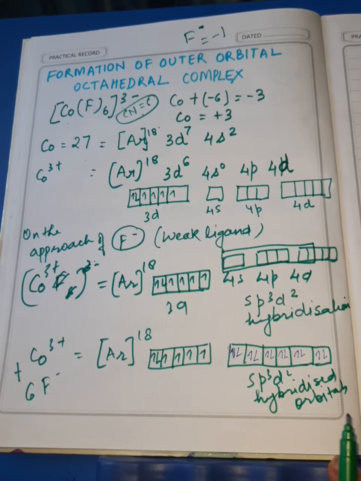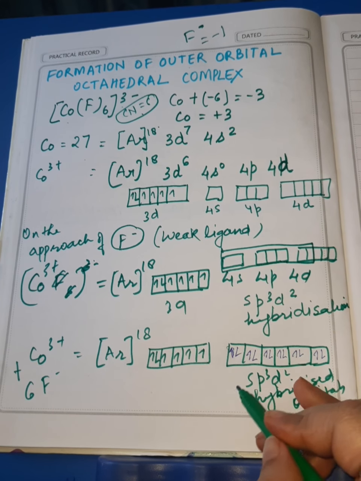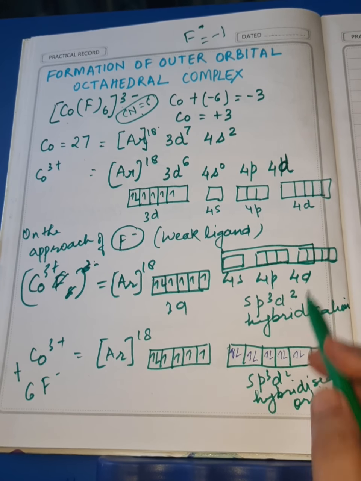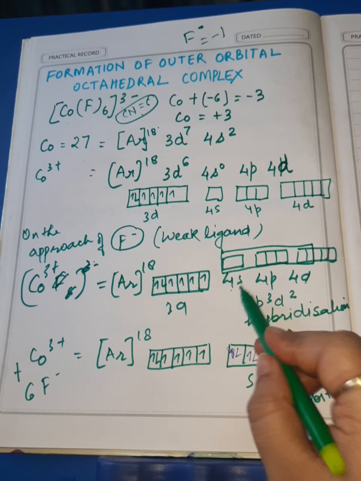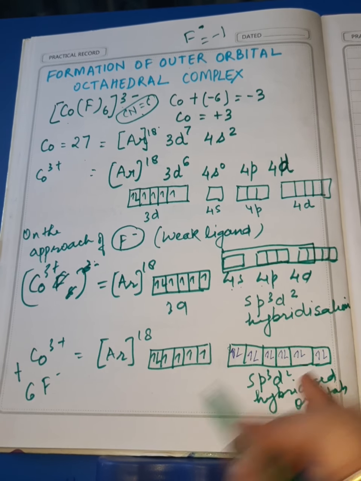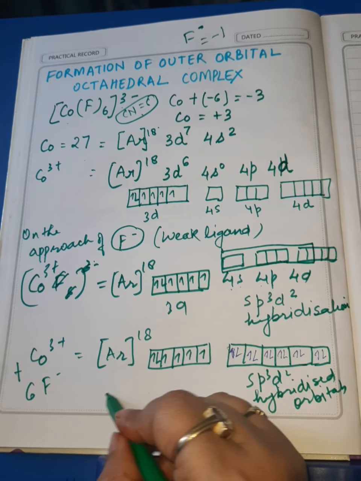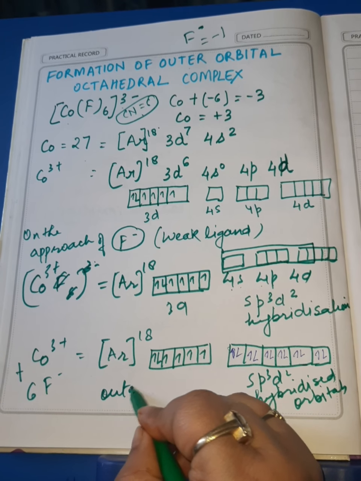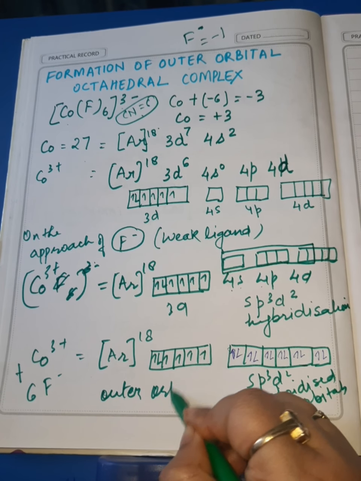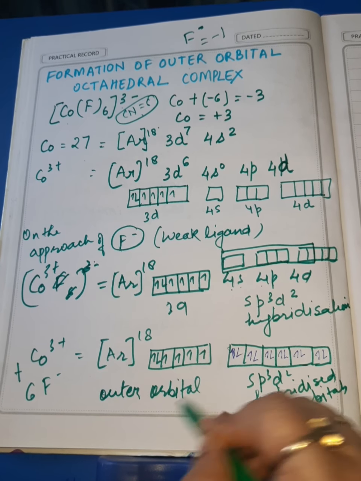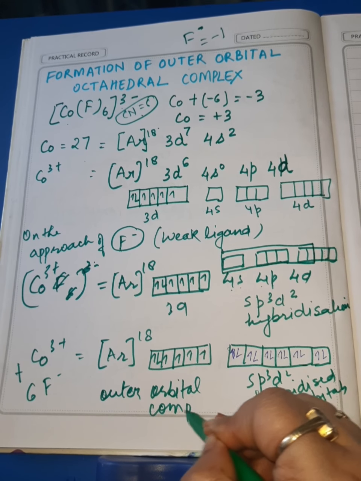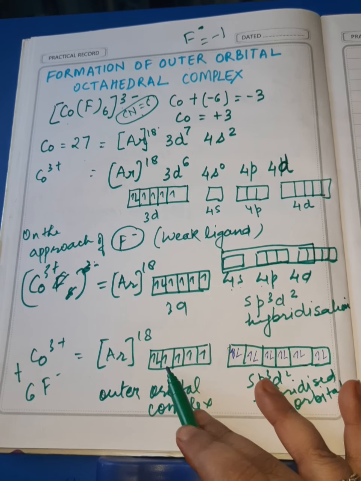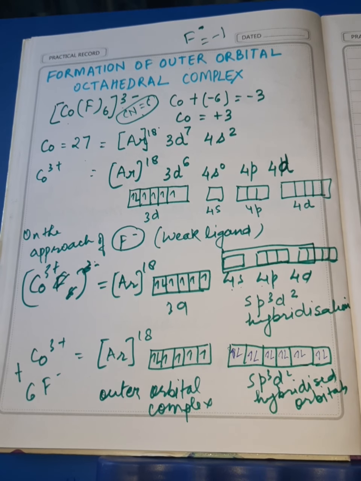Now after bonding, it is very clear that only outer orbitals are involved in the hybridization like ns, np, nd. So this complex will be an outer orbital complex. Now in this complex you can see there are a large number of unpaired electrons.